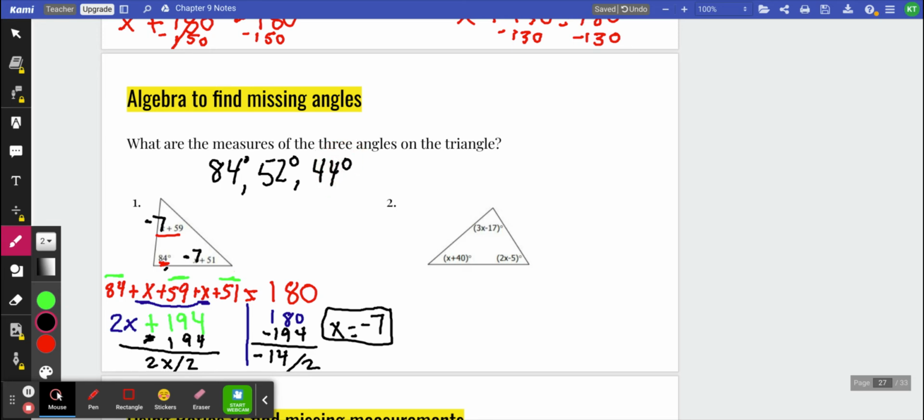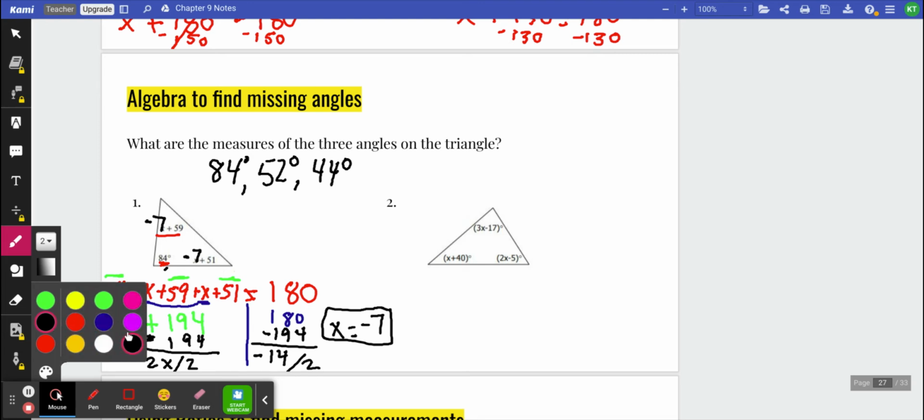So my three angle measures are 84, 52, and 44. And if we check that out by adding 84 plus 52 plus 44, our calculator tells you that these three total up to 180 degrees, which it should. So this one we had to solve for x and then plug it back in to find the angle measures.